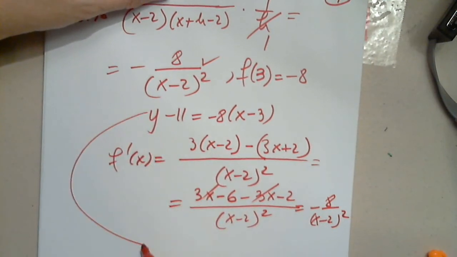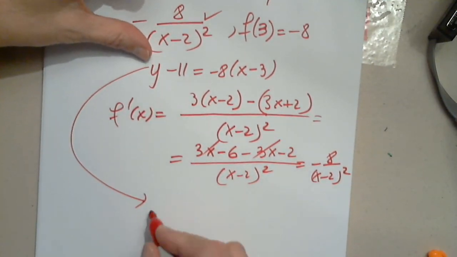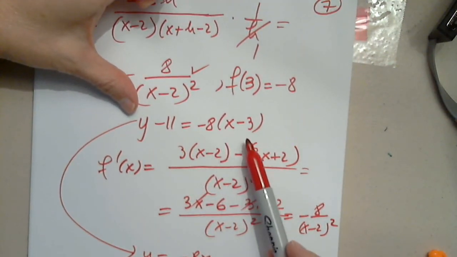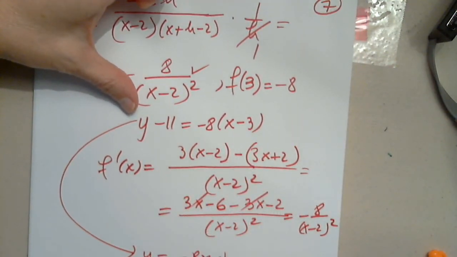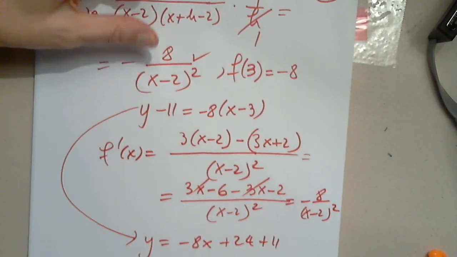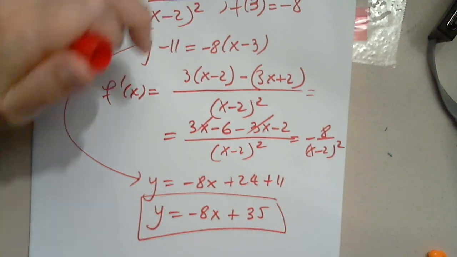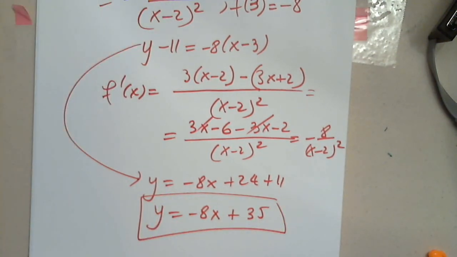And now I have to solve for y. So y equals negative 8x, and this is plus 24, and then plus 11. So then y equals negative 8x plus 35. And this is the equation of the line that is tangent to the graph at (3, 11).